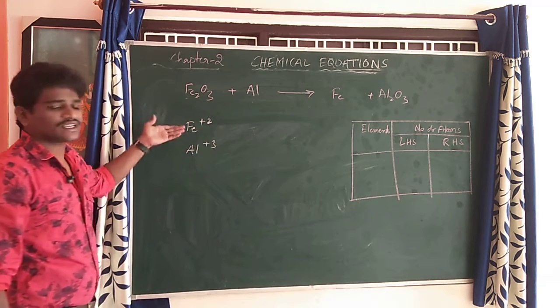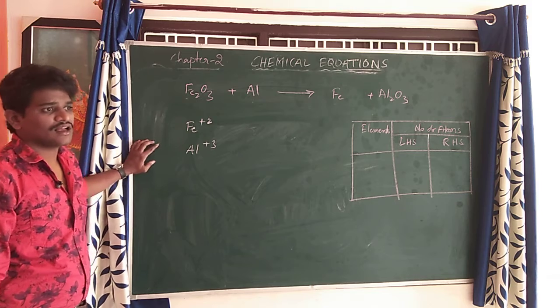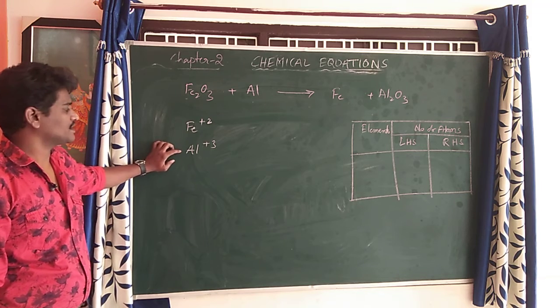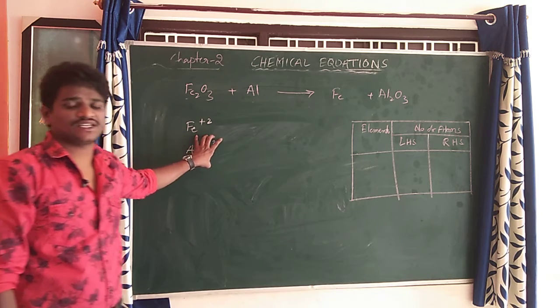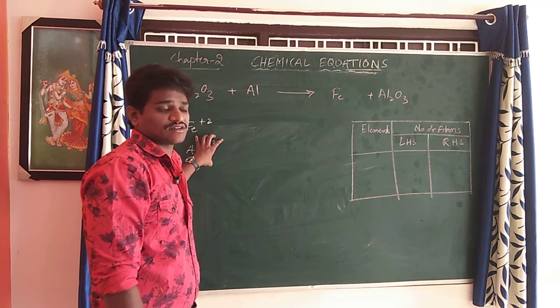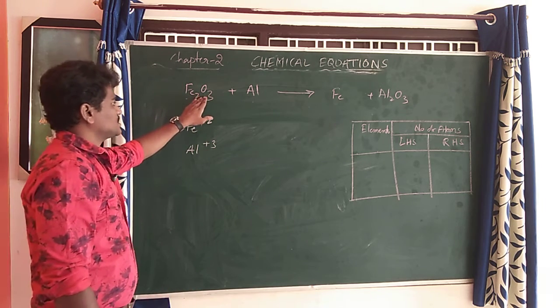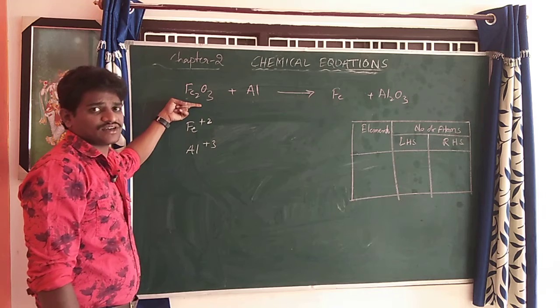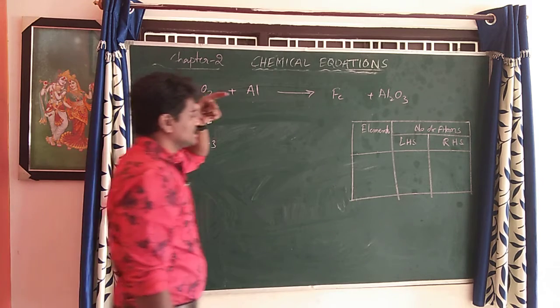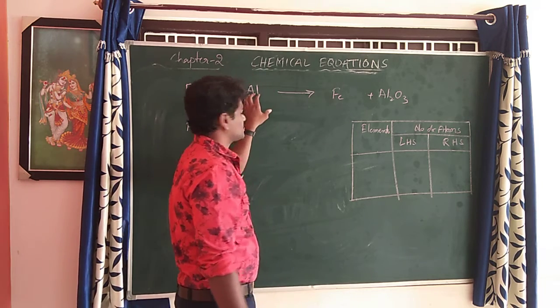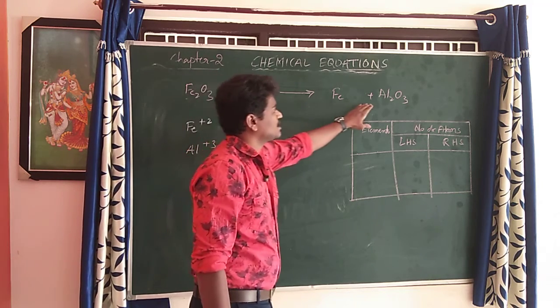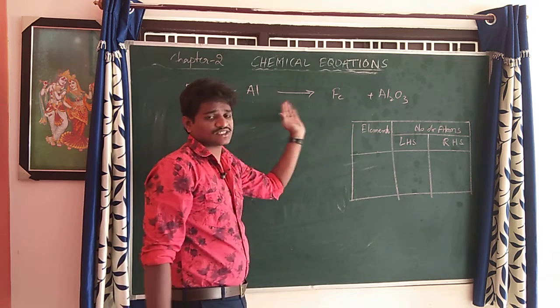So which is more reactive in this? Aluminium is more reactive. Why? Because it is a cation having 3 excess electrons, or it needs 3 electrons. When oxygen is already bonded with iron, it is easily displaced by the reaction with aluminium. So aluminium oxide will form in this reaction.